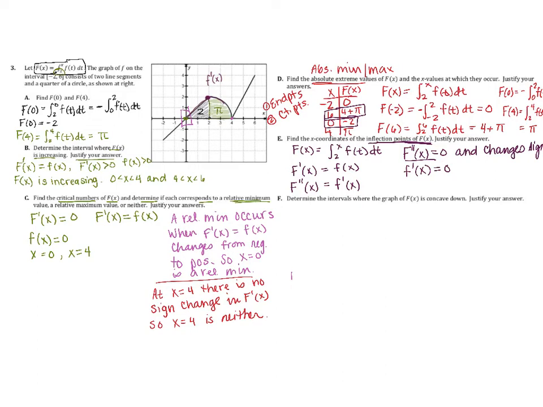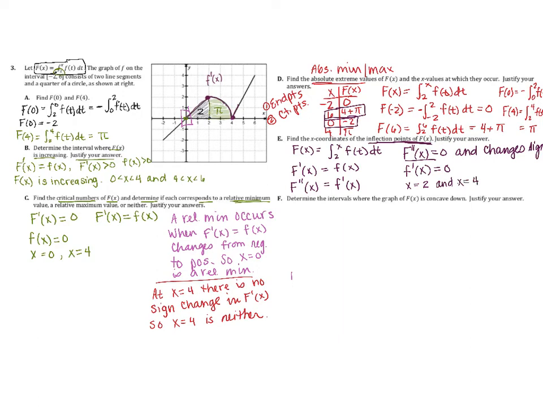So that tells me at x equals 2, there's a point of inflection because I changed from increasing to decreasing. And then there should also be another one over here at 4 because I changed from decreasing to increasing. So let's write that up. So I know that I have a point of inflection at x equals 2 and x equals 4.